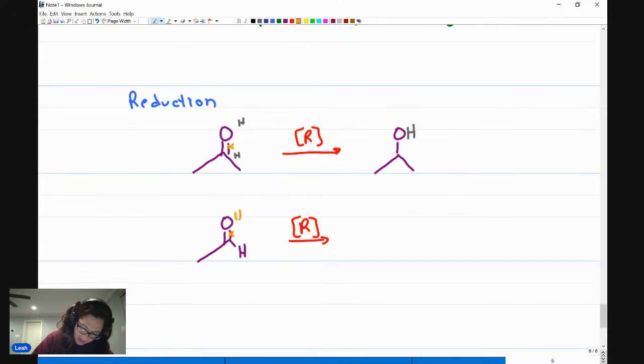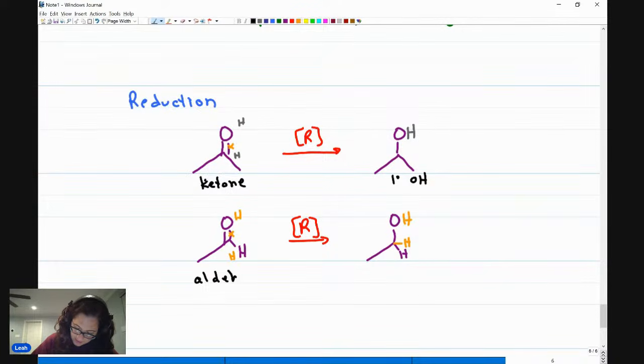Break the pi bond, put a hydrogen, and that gives me the alcohol. A ketone goes to a secondary alcohol, and the aldehyde goes to a primary alcohol.